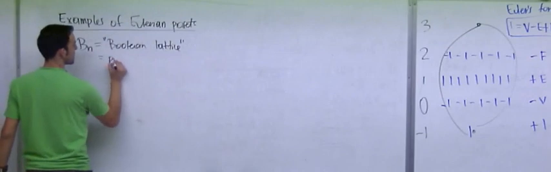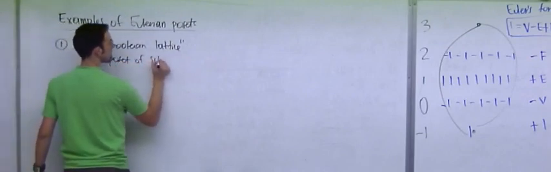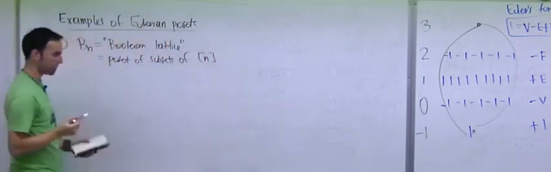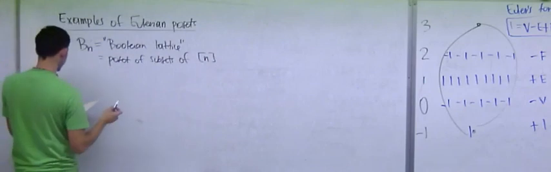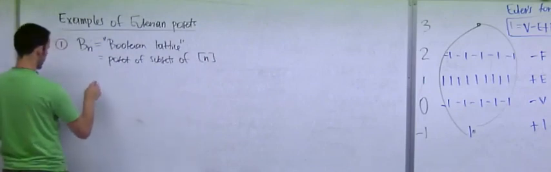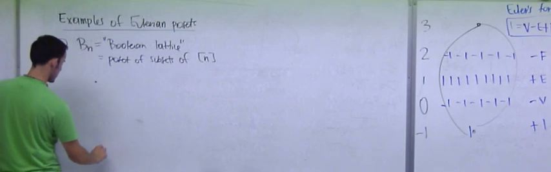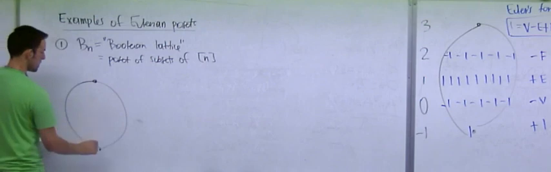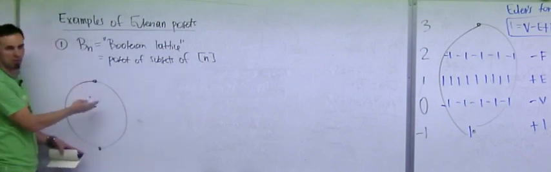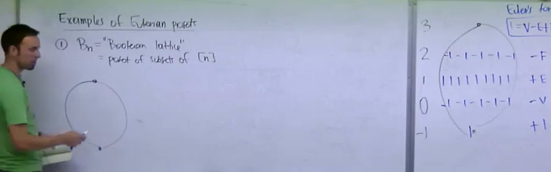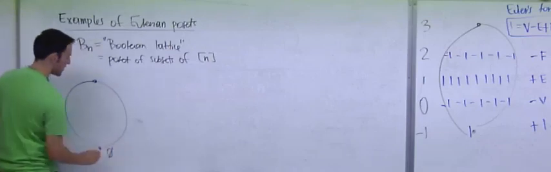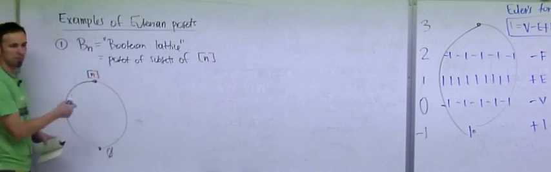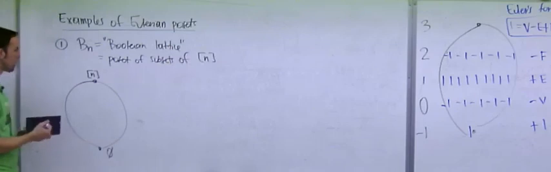And it's just the poset of subsets of the numbers from 1 up to n. So we know what this poset looks like. We said that when you draw this, you basically have drawn the hypercube, the n-dimensional cube. The bottom element of this poset is the empty set. The top element is the whole set, and we have all the different subsets in between.